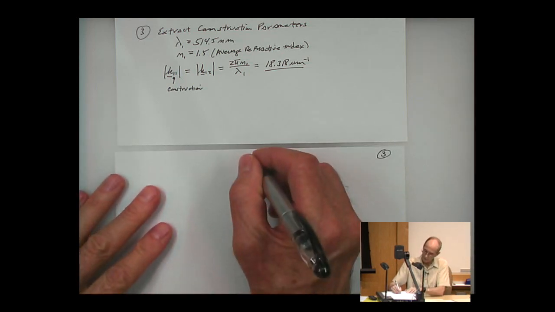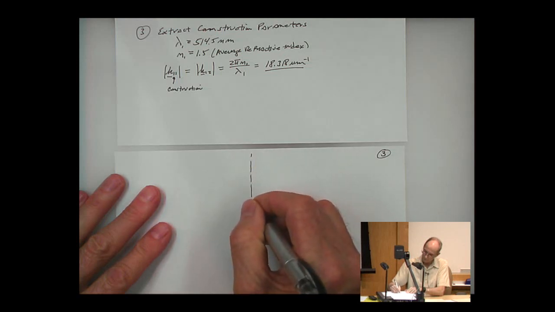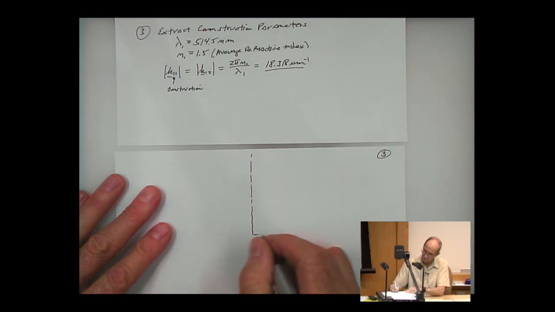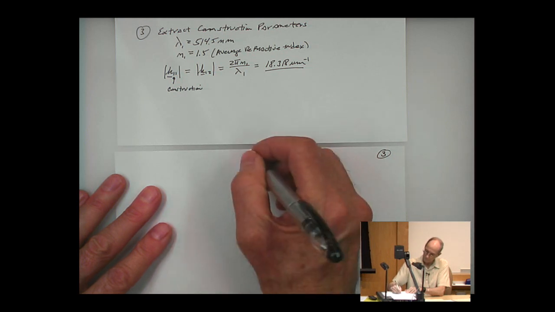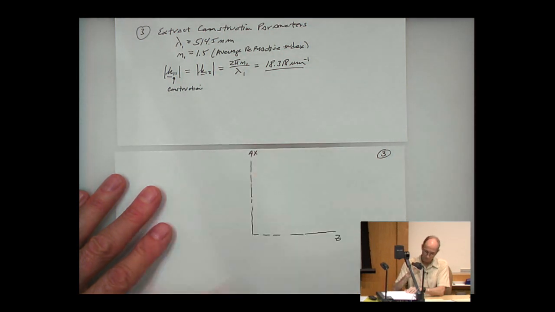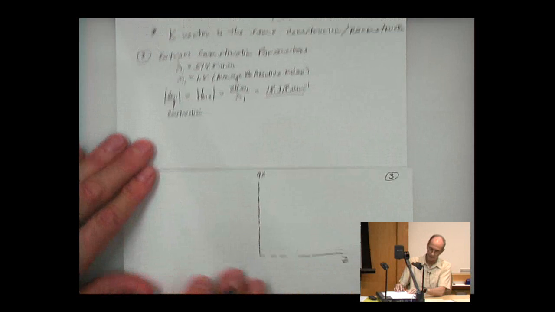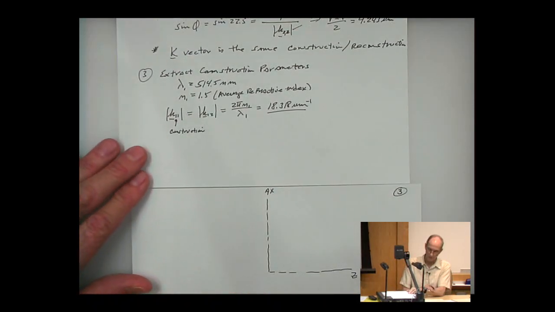So here we have our axes, X and Z. The other thing I need to get to in order to do this is the angle.